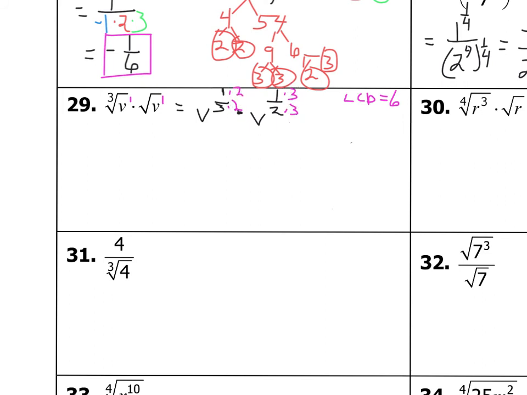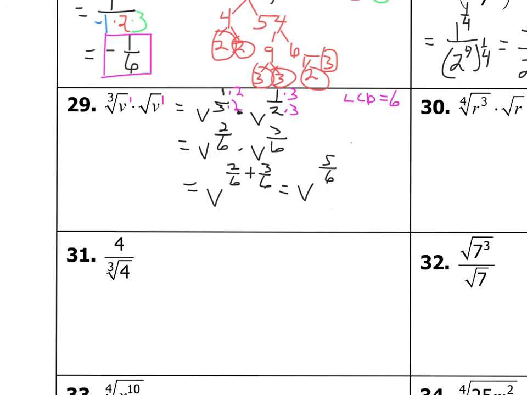So I'm not changing their value, I'm just giving them a facelift. So I end up with v to the 2 over 6 times v to the 3 over 6. Now I can add their exponents. So I've got 2/6 plus 3/6 equals v to the 5/6.